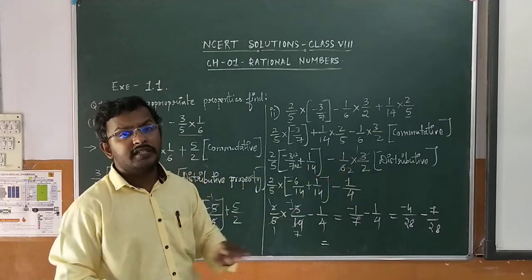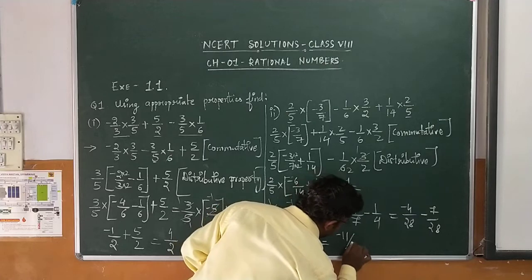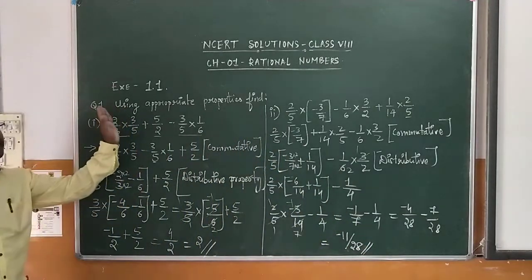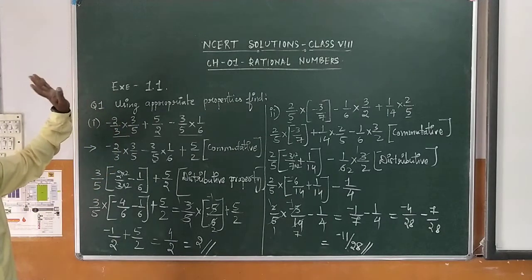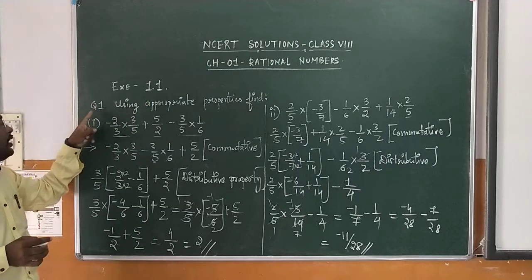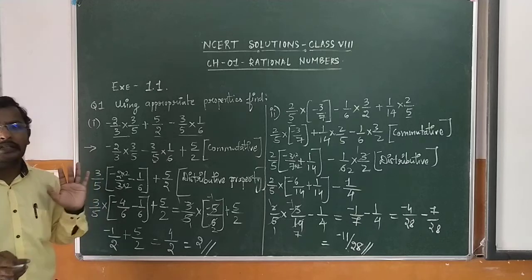What answer will you get? Minus 11 divided by 28. So this is the answer for NCERT textbook chapter 1, exercise 1.1, question number 1, subparts 1 and 2. Okay, thank you so much.